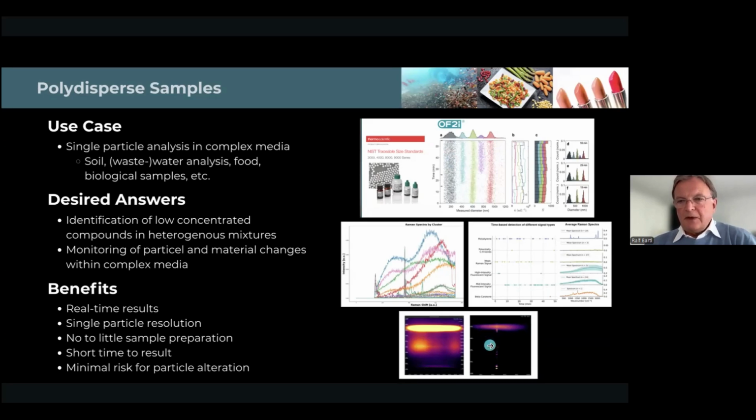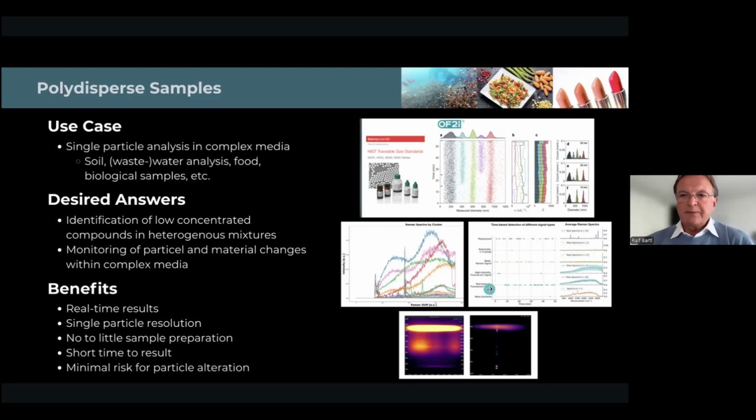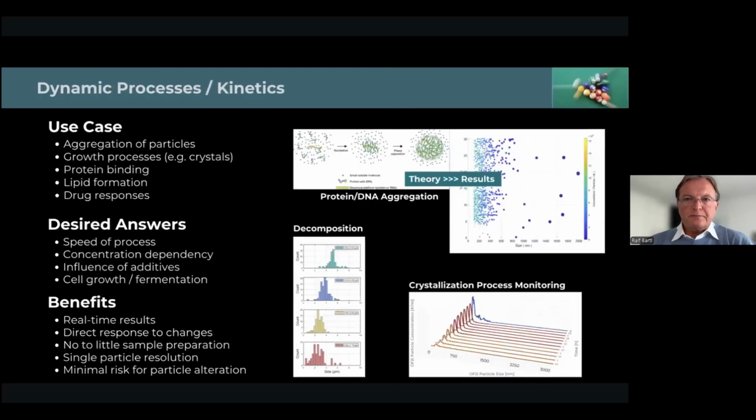As we measure on a single particle, we can subtract the background, which gives us very clean and high quality profiles, spectra. And this allows us to differentiate and cluster products that are in your sample.